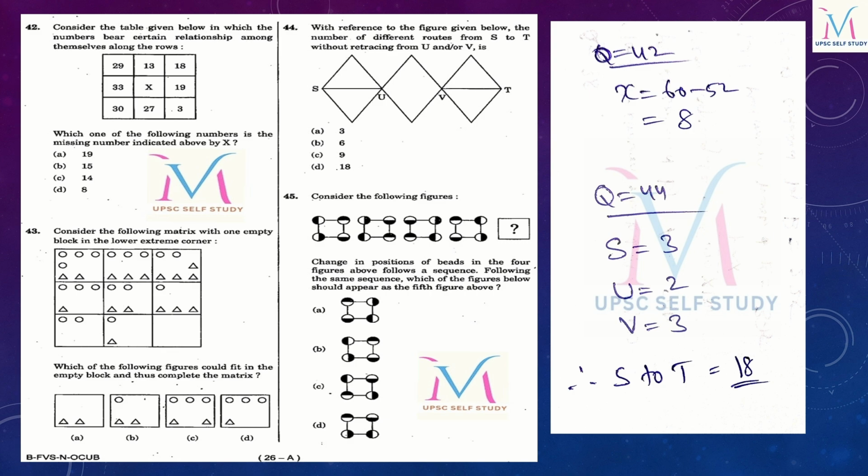Under the given figures, there are 1, 2, 3, 4 and one question mark box. That question mark box we have to find out.